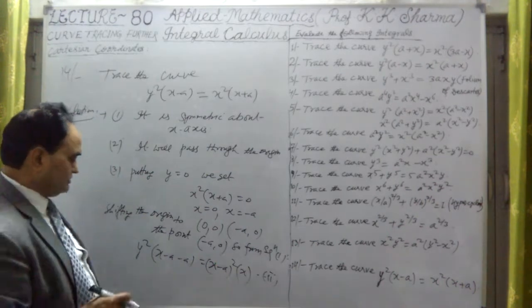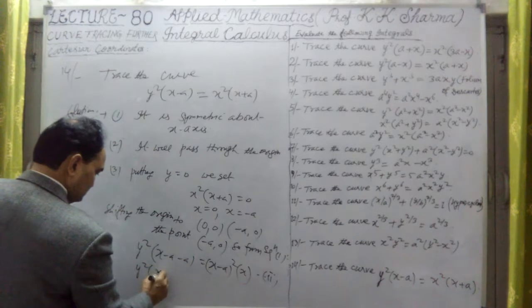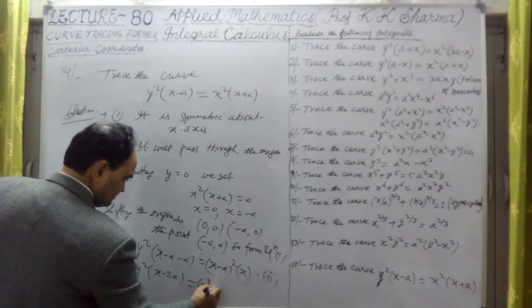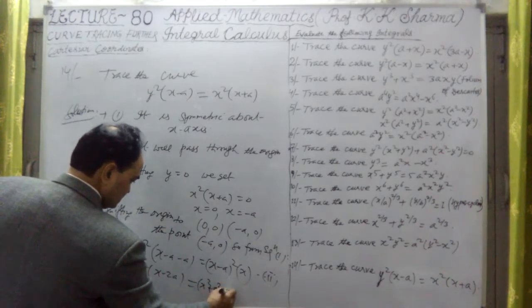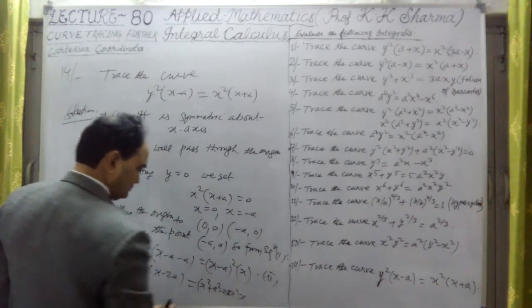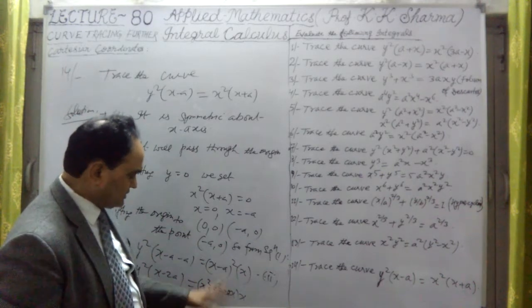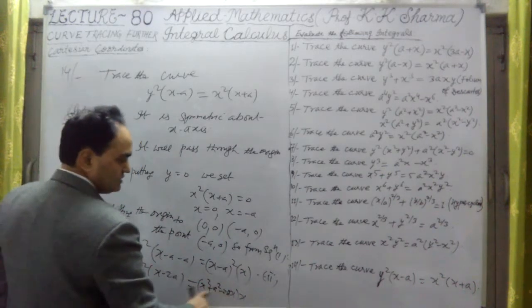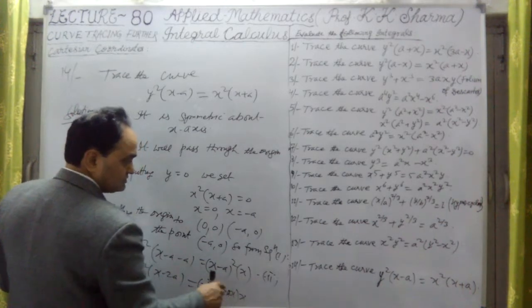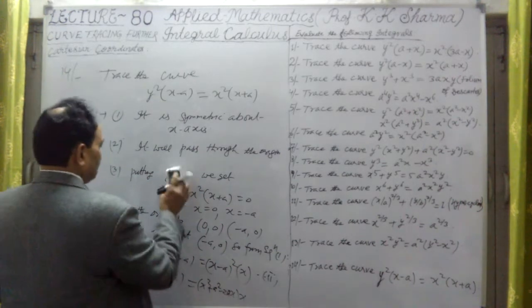Now in this case, the smallest degree term is a square x. So x equal to 0, that means the y-axis, is the tangent line. Let me write here.